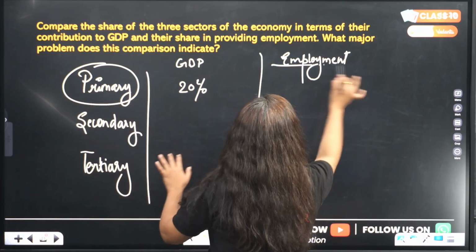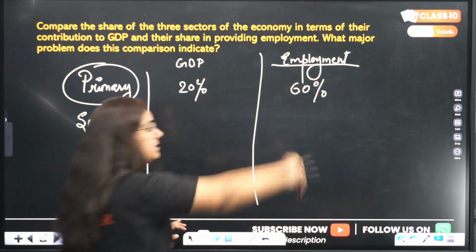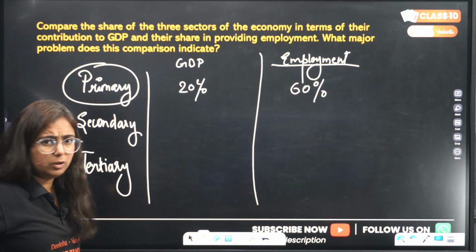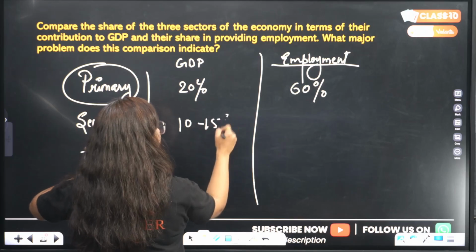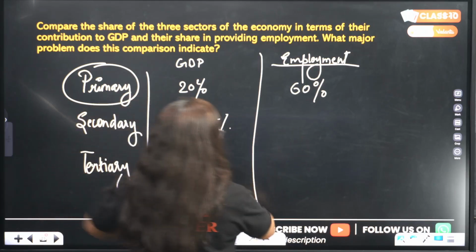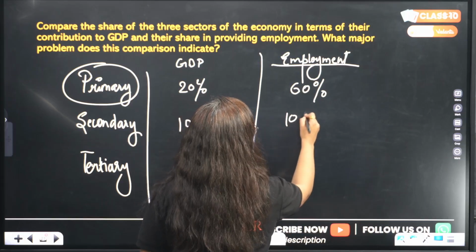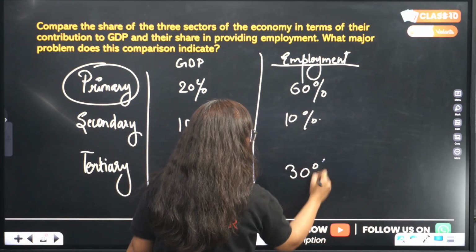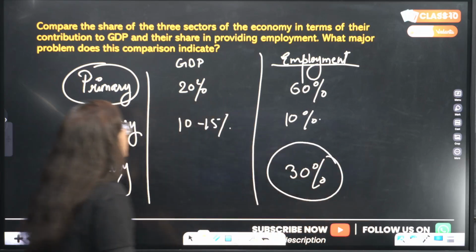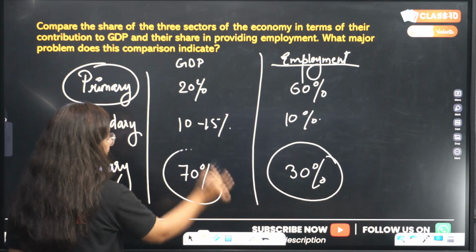But when we talk about employment, it might be somewhere 60% people, maximum people working in agriculture sector. We know that. If I talk about secondary sector, somewhere between 10 to 15%, and the same percent of people are employed in this, right? Now in tertiary sector, only 30% people are employed, but they are generating 70% of GDP, right?